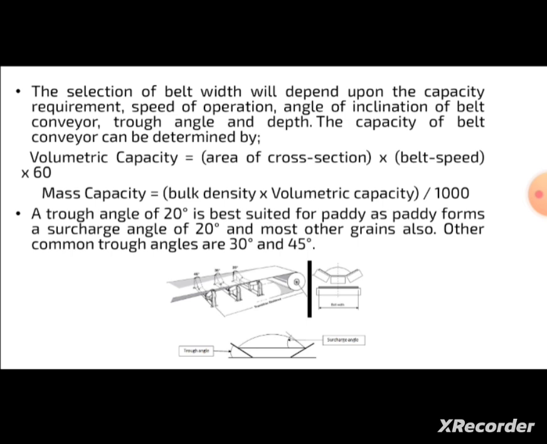Common trough angles are 30 and 45 degrees. The trough and surcharge angle can be varied based on the form of grains we are transporting. If we are transporting bulk grains the angle will be varied, and if we are transporting bagged materials the angle will also be varied.